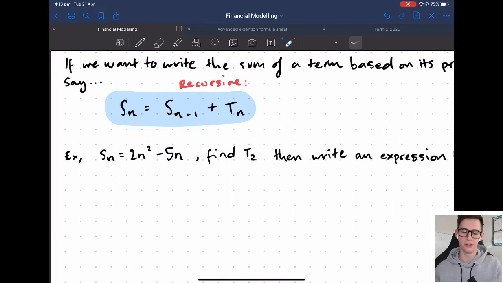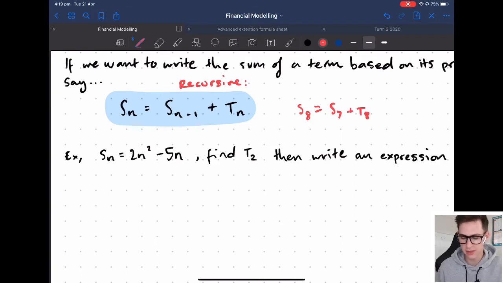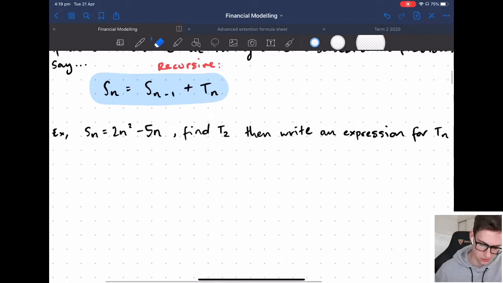Now that's the difference between arithmetic sequences and series, because the series is adding on each term as we go. If I am writing S8, the sum at 8, well, that's going to be the sum at 7 plus whatever the 8th term is, because I need to add that on to get the 8th sum. So I'll show you why that's useful.